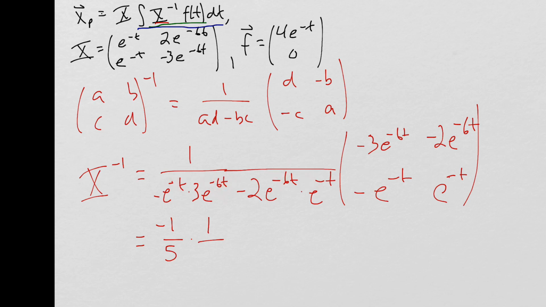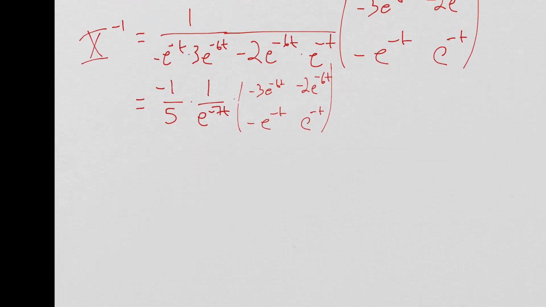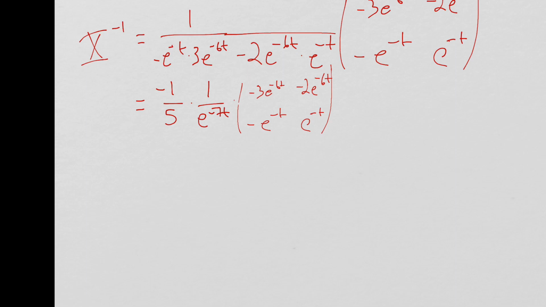Same thing here, so times e to the negative 7t. Open parentheses. That thing here stays the same. I'm not going to rewrite it right now. Maybe I will. There, I can copy it. So from here, I get equals.